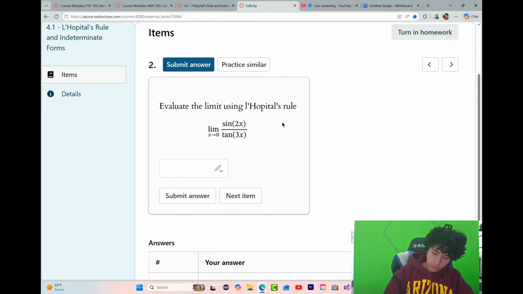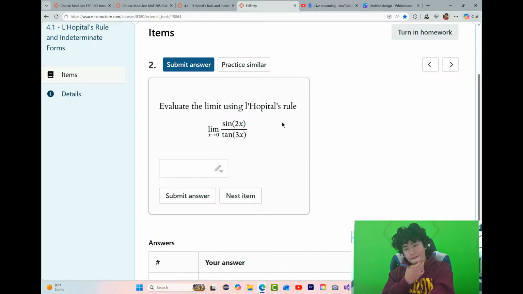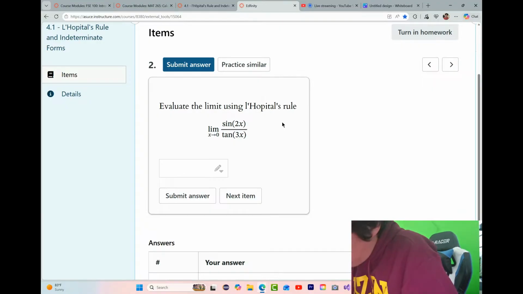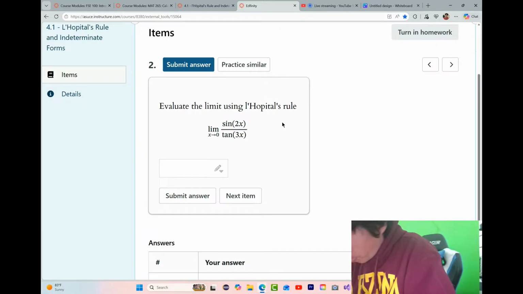So we have 2. Let's put this 2 in the middle. So we get 2 over, over what? So we have 1 over cosine squared of 3x.